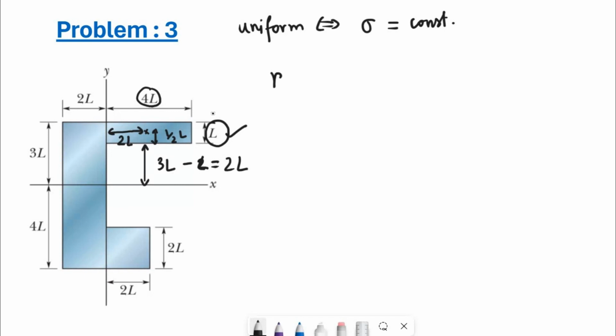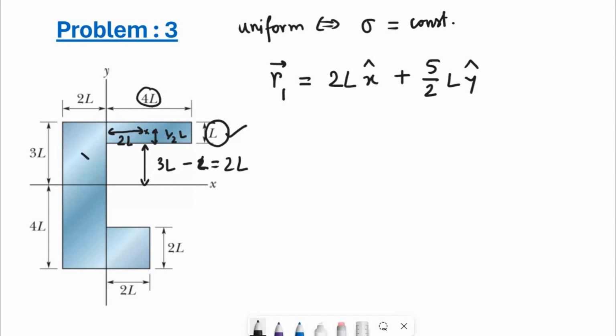So the center of mass of object number 1 is going to be at, along the x-axis, twice L x hat plus 2 plus half, so that's going to be 5 divided by 2 L y hat. So that's the first one.